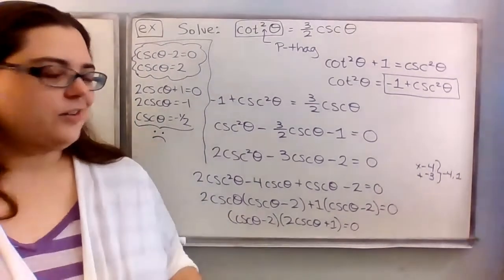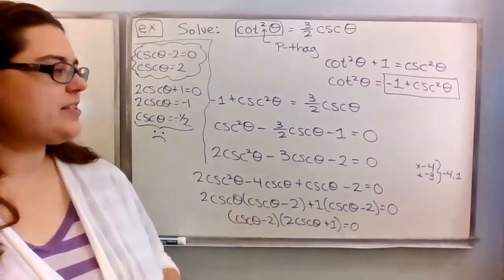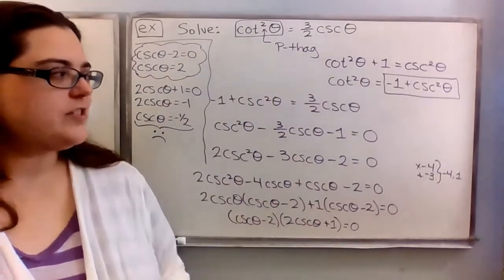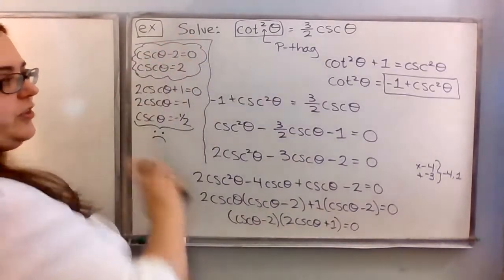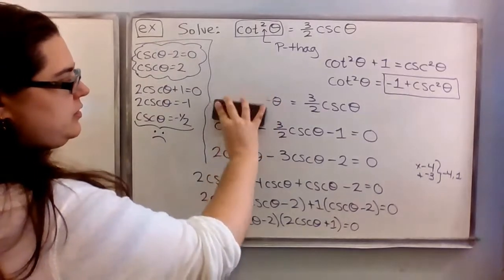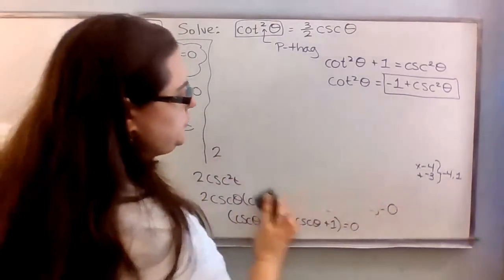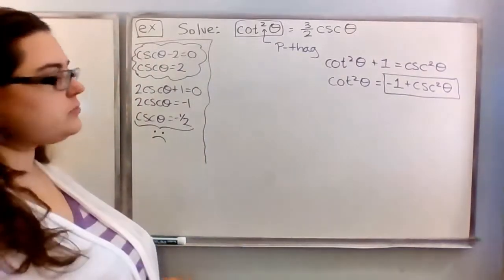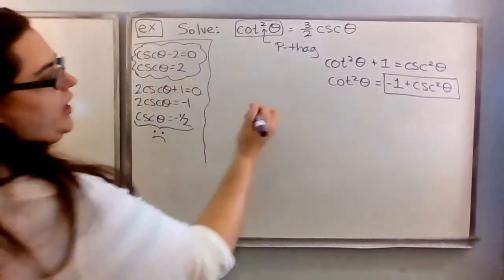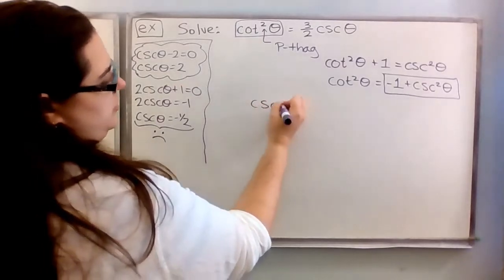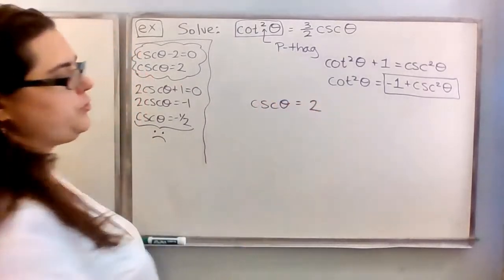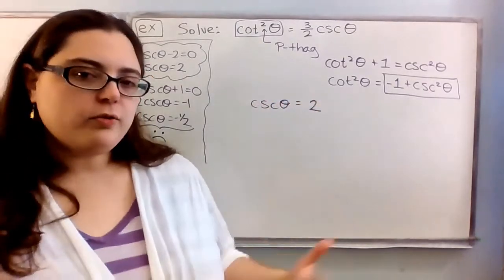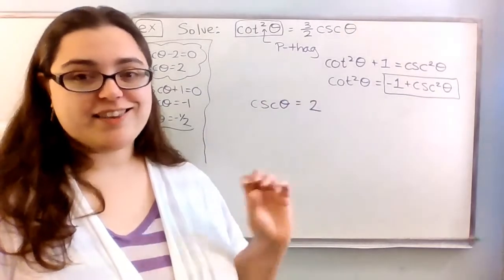So I think I need a little bit more space. So I'm going to erase this quadratic that we solved. And I'm going to keep this over here for reference. So now we have cosecant of theta is equal to 2. Now, if you can remember stuff in terms of cosecant, that's fantastic.